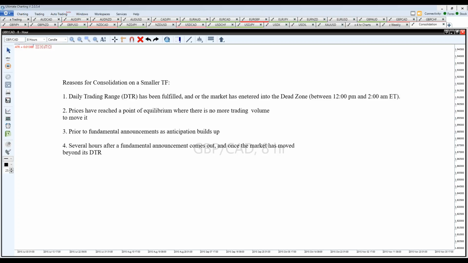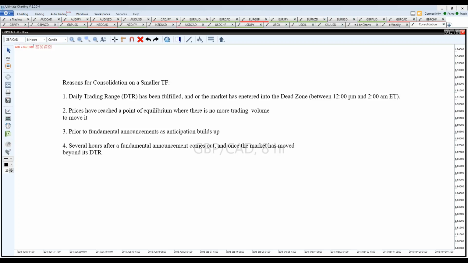Now, major fundamental announcements tend to increase market movement. So the DTR, as a consequence of a major fundamental announcement, can be calculated at 1.5 times the average DTR.